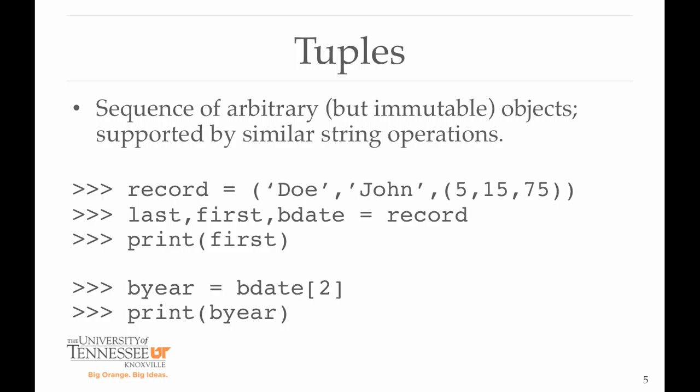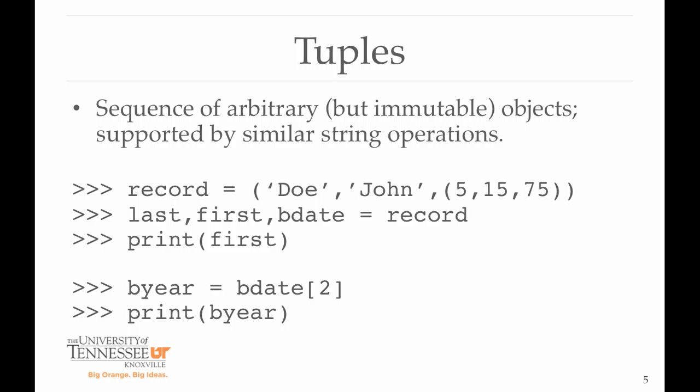Here at the command prompt for the interpreter, we're defining a particular tuple called a record. And again, this might illustrate information about a human's record or a person's record. You can see clearly here that what we've got is a tuple with 3 basic objects to it. One is a string, looks like a last name, followed by a first name.